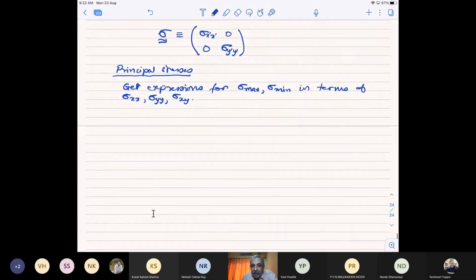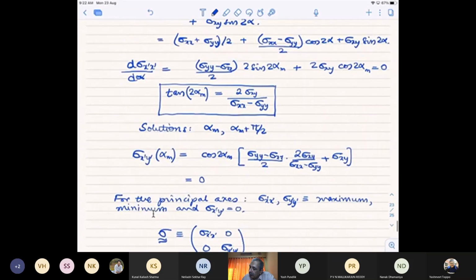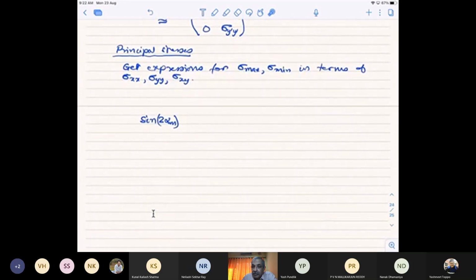Well, we have everything in terms of sine of 2 alpha and cos of 2 alpha. So we can easily write sine alpha in terms of tan of alpha, because we already know tan of 2 alpha m in terms of these quantities. So now let's see what is sine of 2 alpha m.